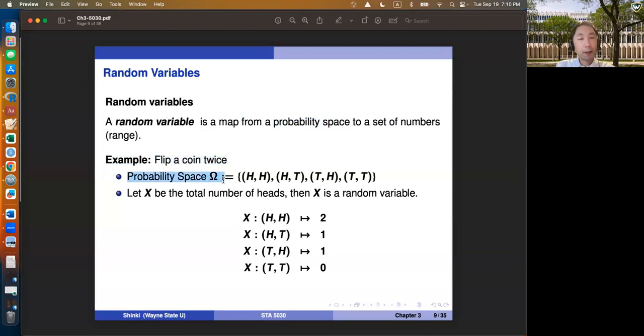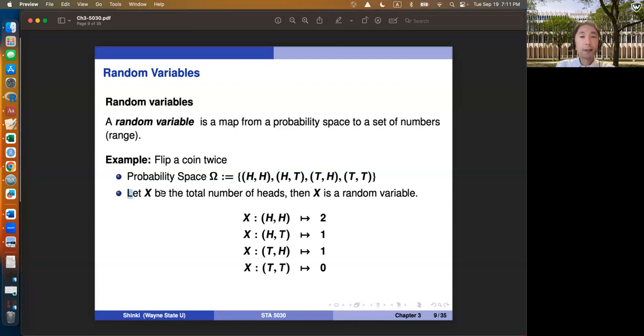Then the probability space is HH or HT or TH or TT. The first letter represents the first outcome and the second represents the second outcome, so in total we have 4 combinations. This is not really a number. This is a so-called single event. We have 4 cases, and we distinguish the first and the second flips.